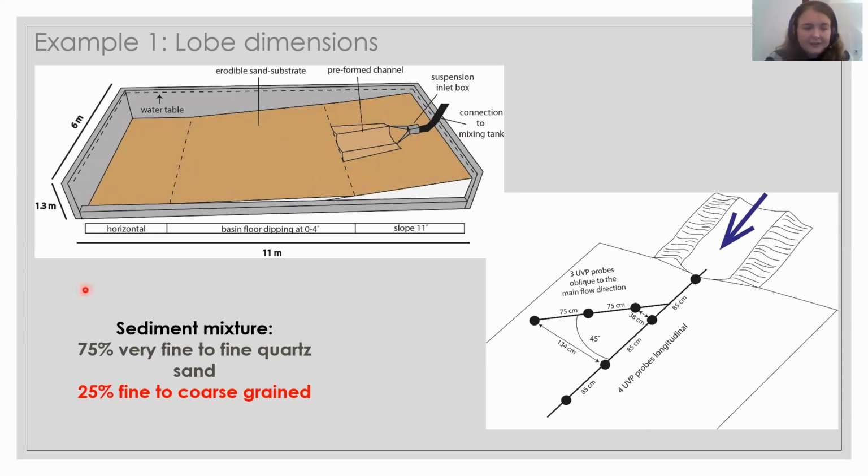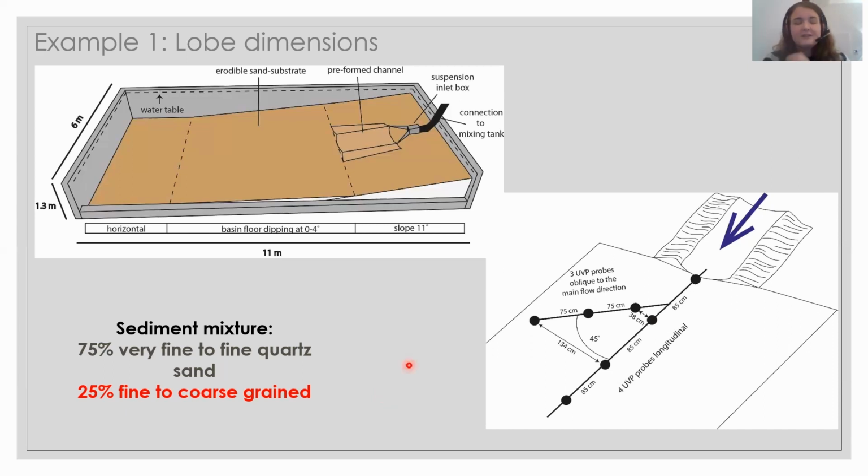The sediment I used was 75% of very fine to fine quartz sand, and I added some 25% of fine to coarse grained silt. The main reason for that being that, first of all, we always have a mixture of at least sand and silt in our natural systems, but also what we have learned before is that if you try to use 100% of sand in the experiments, we are not adhering to our Shields scaling.